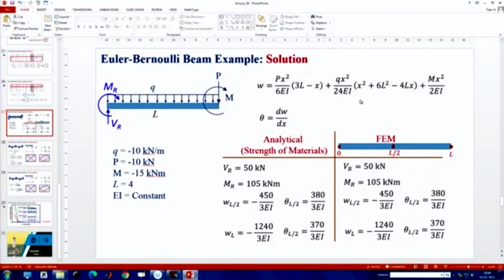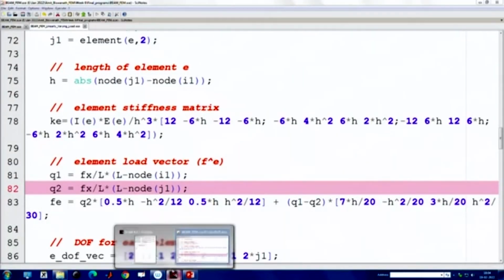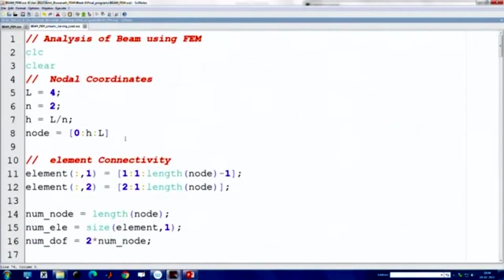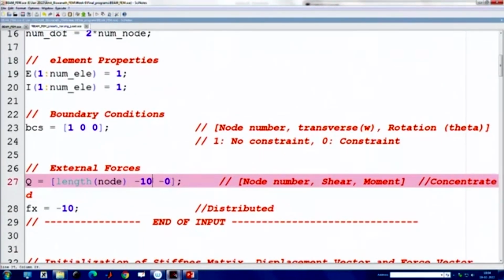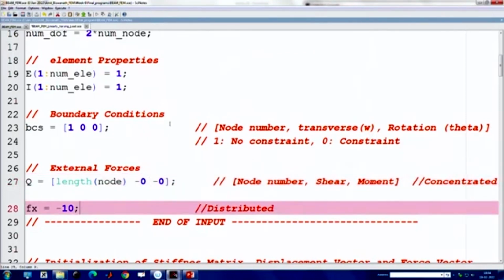For uniformly distributed load, our exact solution is 4th order. But if your load is linearly varying, then the solution will be 5th order. So, if we implement this and remove all other loads, only the linearly varying distributed load remains, keeping it 10.